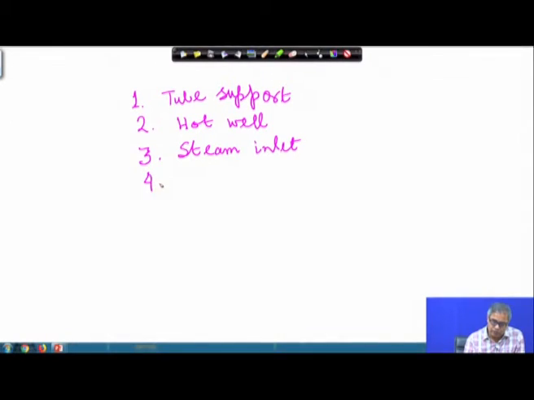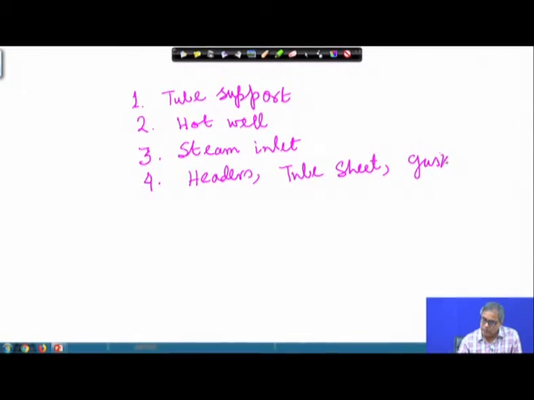Then of course the headers of the shell, headers, tube sheet, gasket, expansion device, if required.